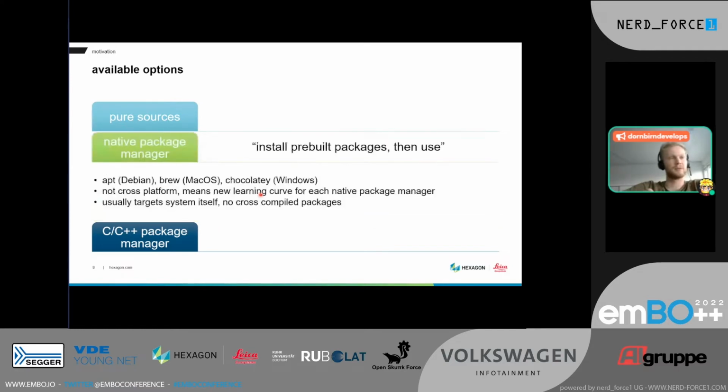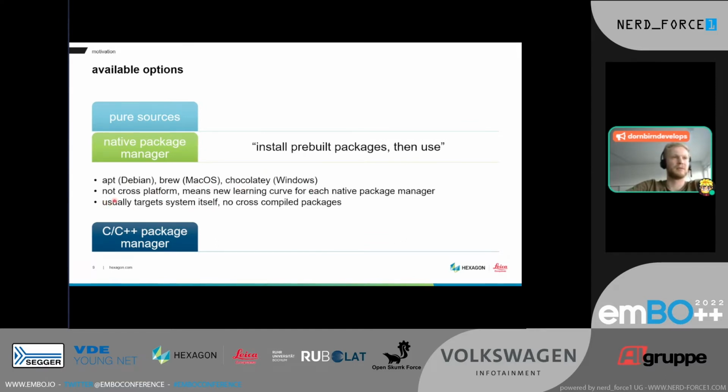So another option we might have would be the native package manager. The goal there is that we install packages that were pre-built already, and we just have them installed on our system and we can use them as we want. Examples for those would be the apt package manager for Debian and Ubuntu, Brew for macOS, and Chocolatey for Windows.